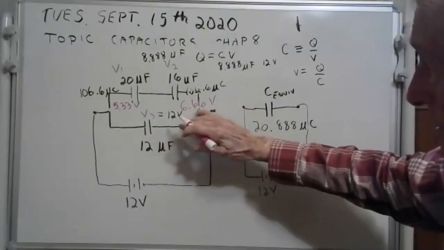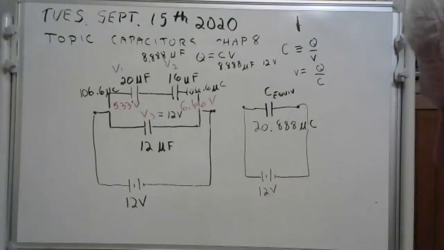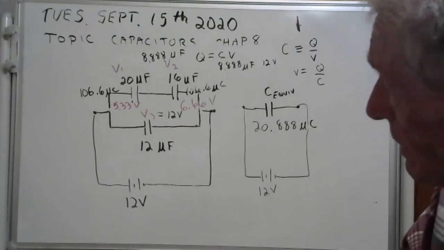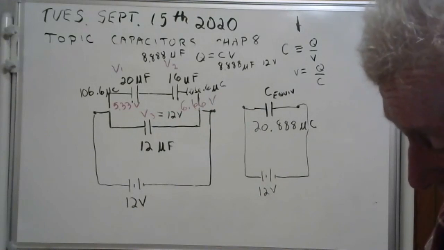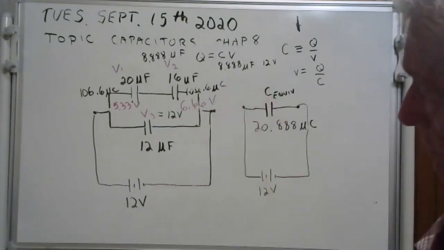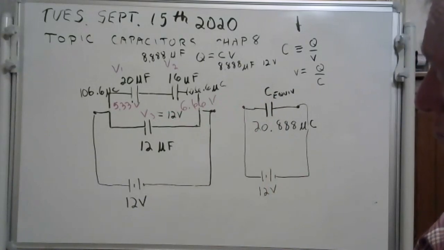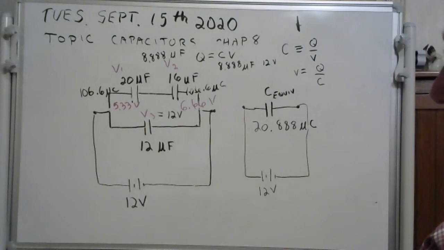Now the 6.66 added to 5.33, does that give you 12 volts? Yeah, it does. So we've got the volts on everything.